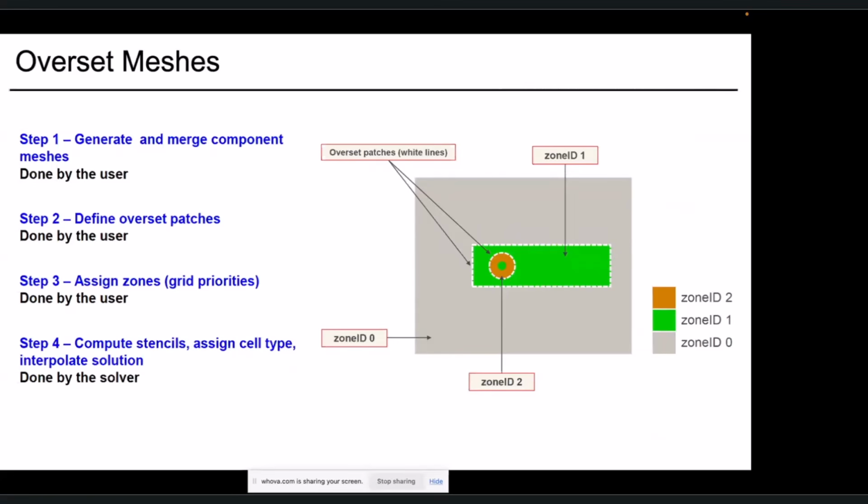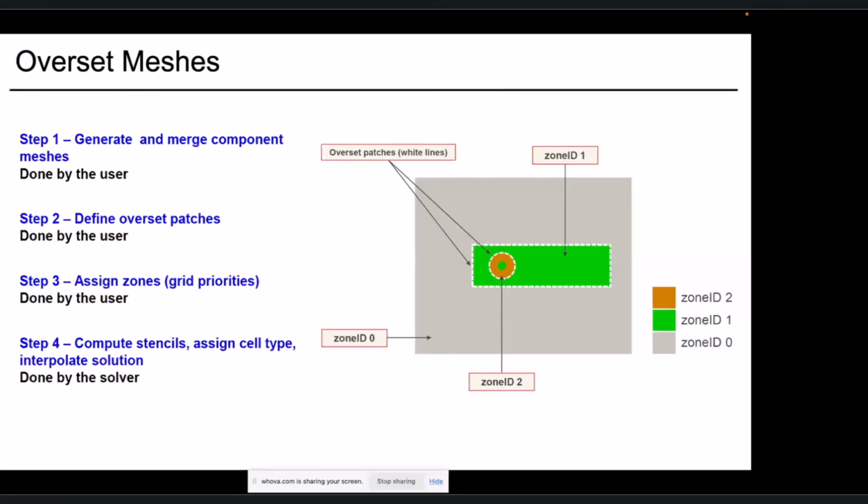Once the meshing is done separately for these component meshes, they have to be merged together for running the final case. After merging these component meshes, we have to define the overset patches. That's very important. And we have to also assign the zone IDs which determine the grid priorities.